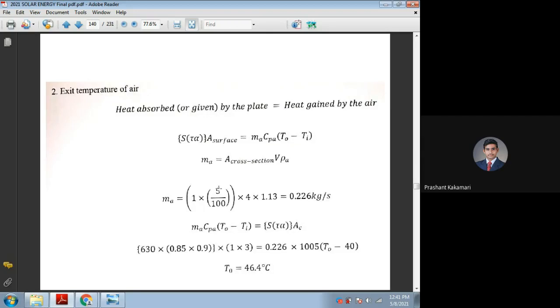So the area of cross section for the air will be different, and the surface area of the plate will be different. For the cross section area of the duct, we have taken 5 centimeter height and converted it into meters.